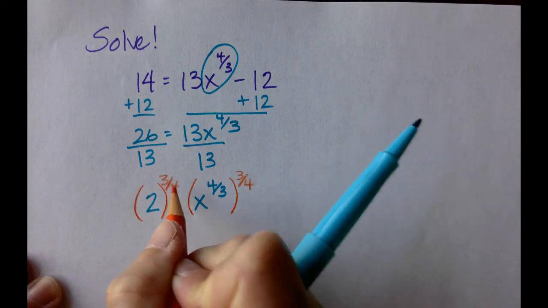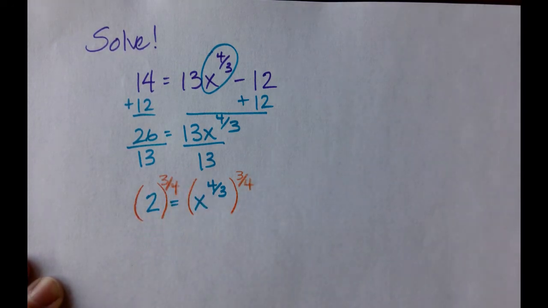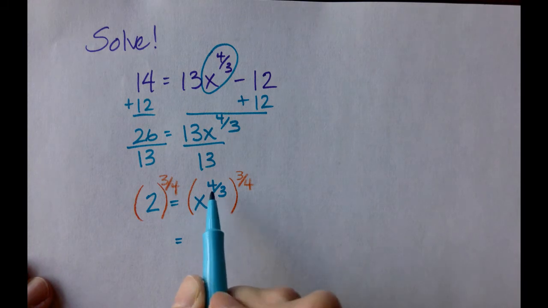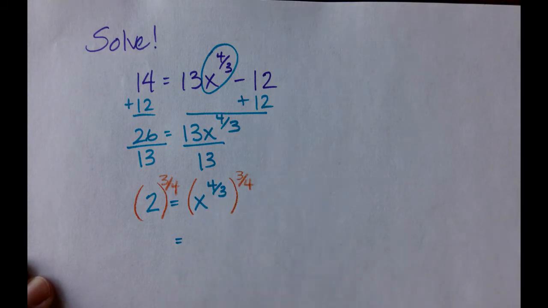Let's apply the 3/4 power to both sides of the equation. That means that on the right-hand side, the 4/3 power and the 3/4 power get multiplied together. They give us one whole, so we have x to the 1, or just plain x, on the right-hand side of the equation. And then on the other side, we have 2 to the 3/4.